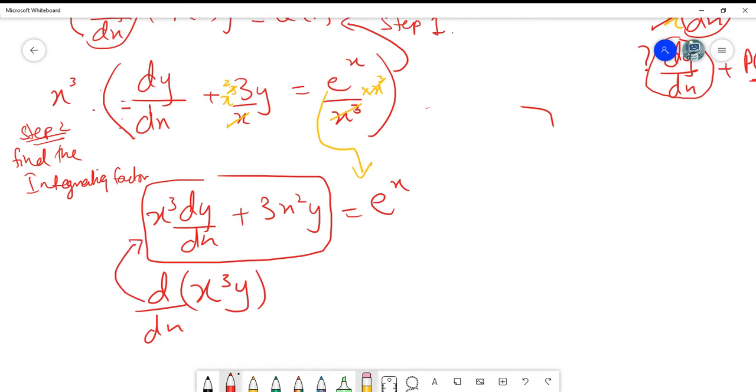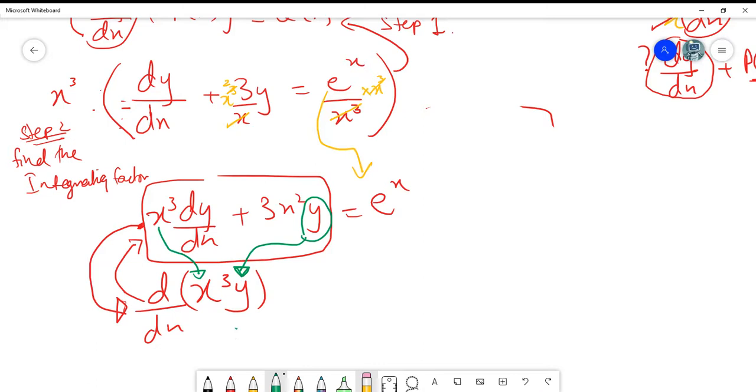So I have deciphered that this can be written as this. How would I know this for every question? Remember, I have to write y as it is here. So y will always be a part of this, only y. And the second part of this will simply be the integrating factor.